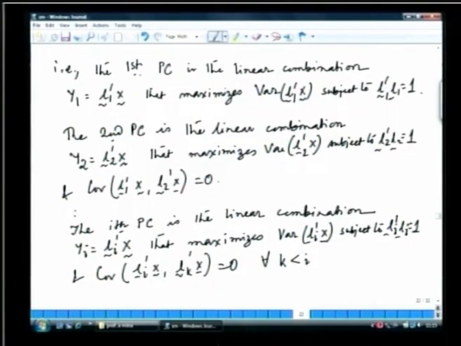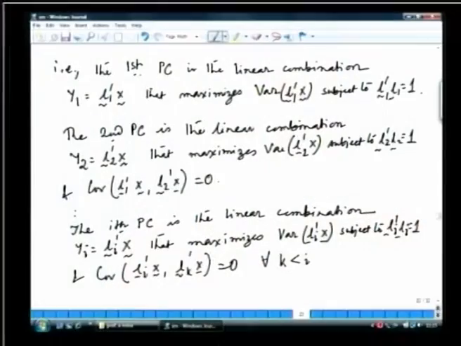Now, what I am saying here, will this guarantee me the things that I have said before? That is, the first thing was that the principal components have to be uncorrelated, the first one should have the maximum variance, the second principal component should have the second highest variance, and so on.